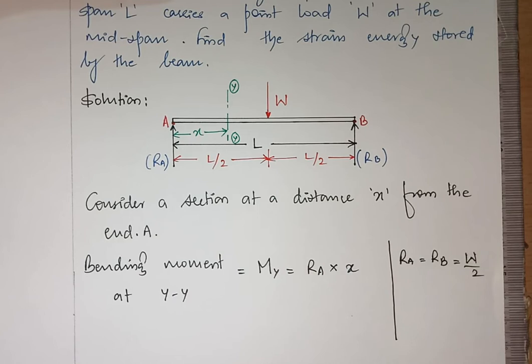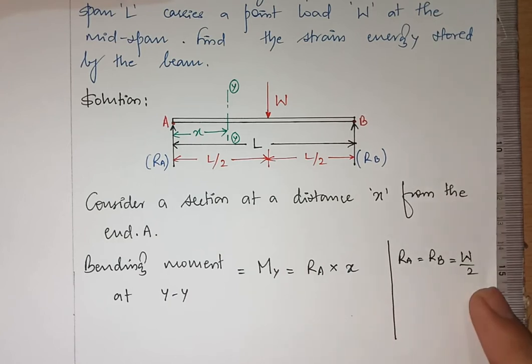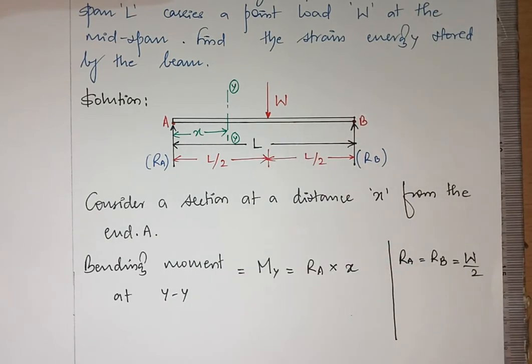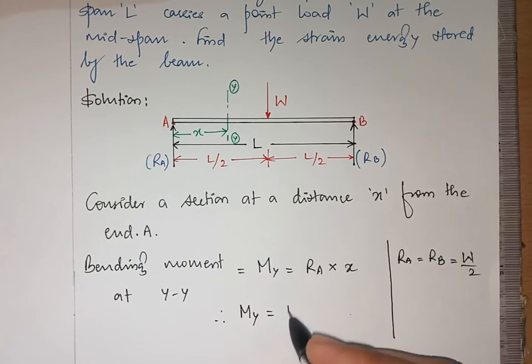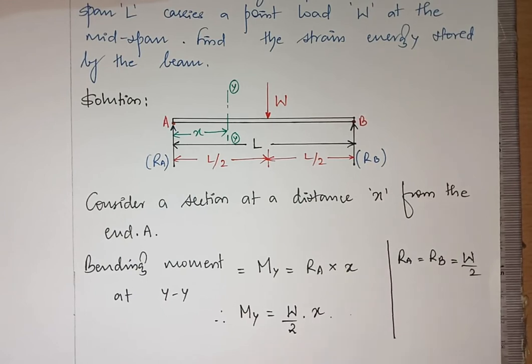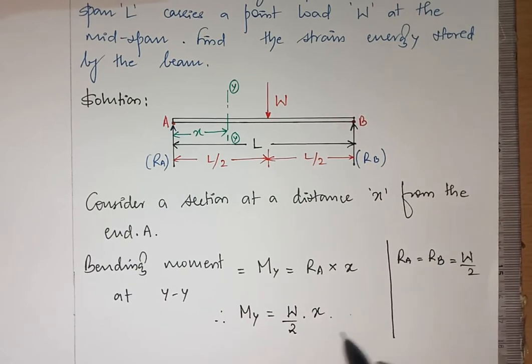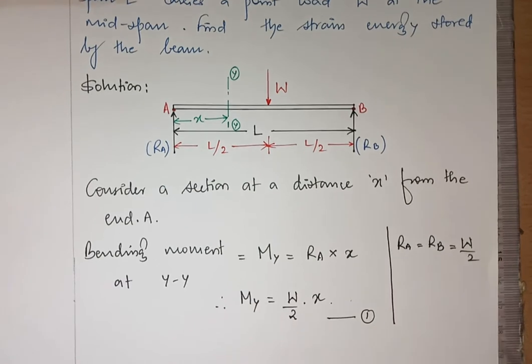According to me, no need to do that. You directly take it as W by 2 because W is acting at the midspan. Therefore M at YY is equal to W by 2 into x. Take this as equation number 1.